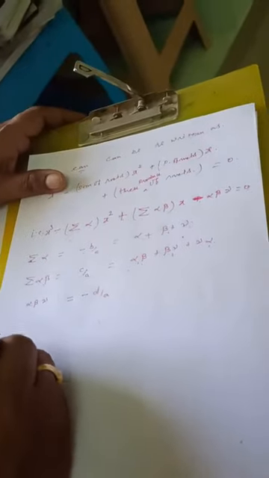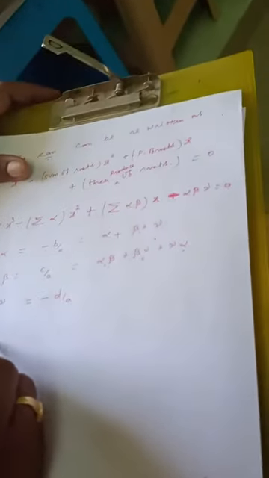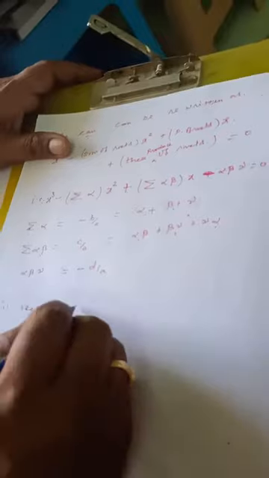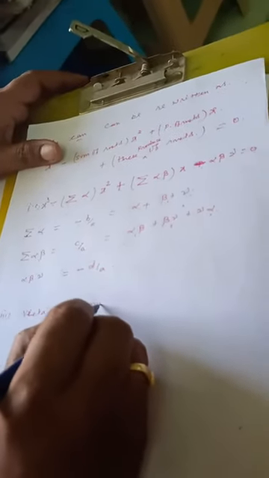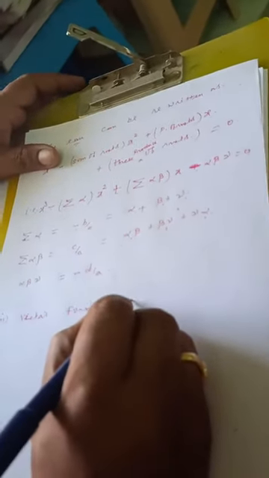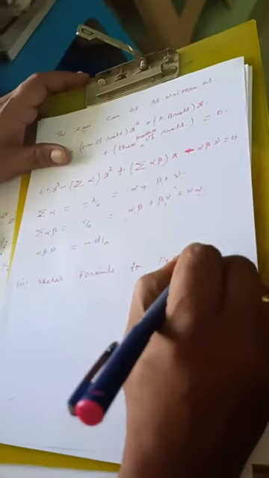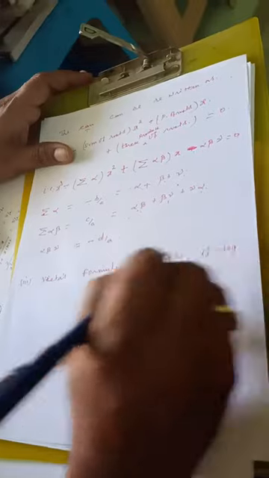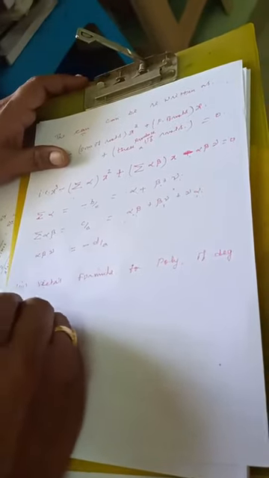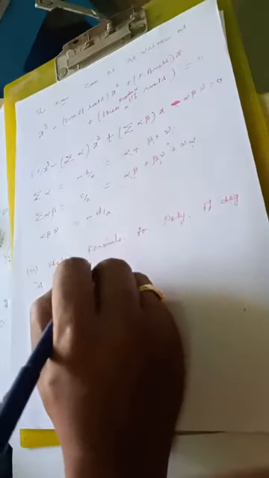Then the third one, Vieta's formulae for a polynomial of degree 4, that is a quartic equation.